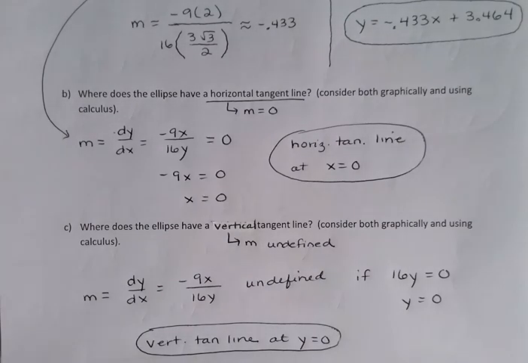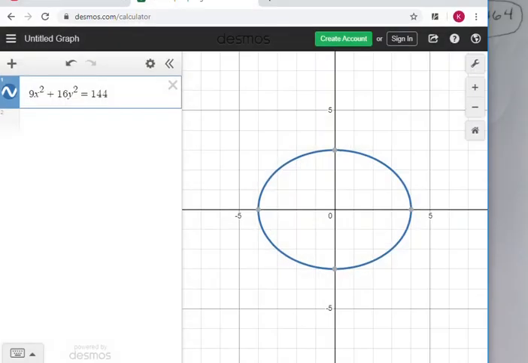All right, let's take a look at the graph of this ellipse. I think I've actually got that done on Desmos already. There it is. We've got our ellipse, 9x squared plus 16y squared equals 144. We said we expected a horizontal tangent line at x equals 0.